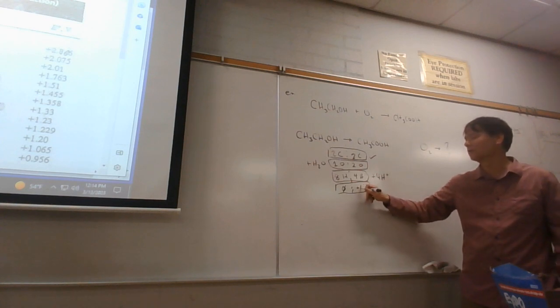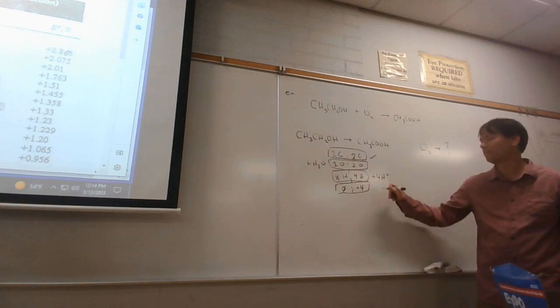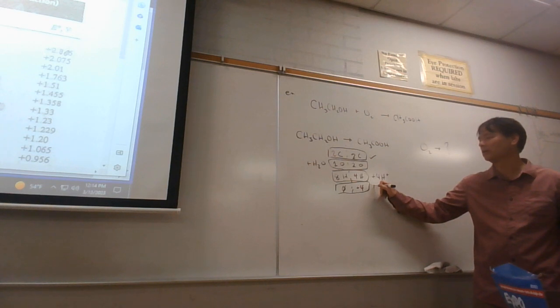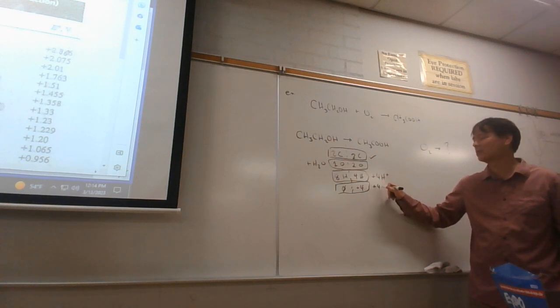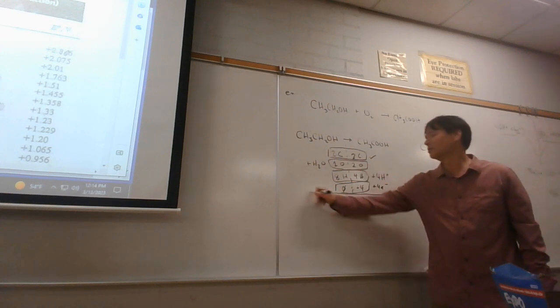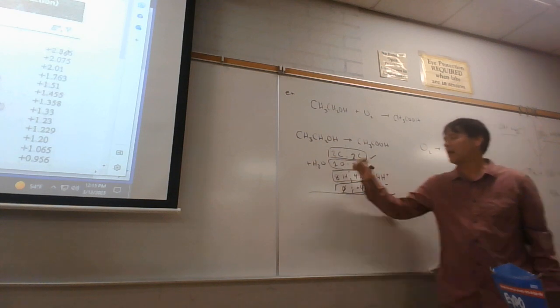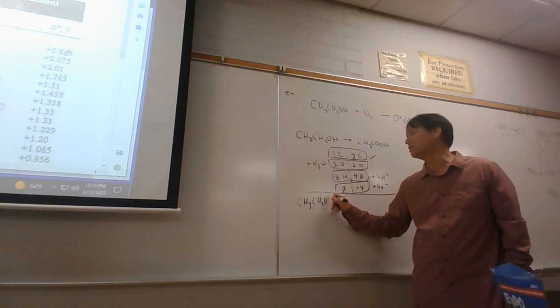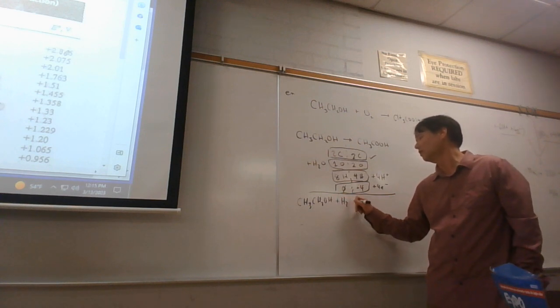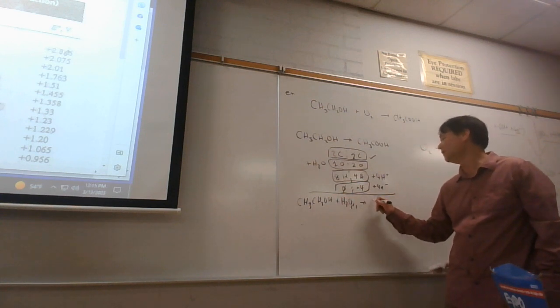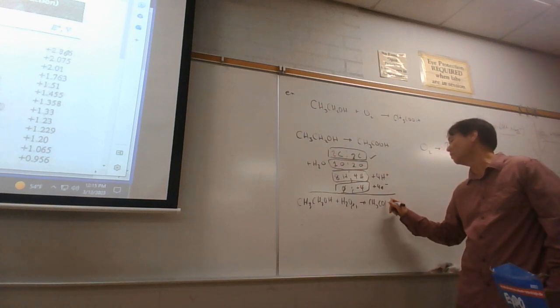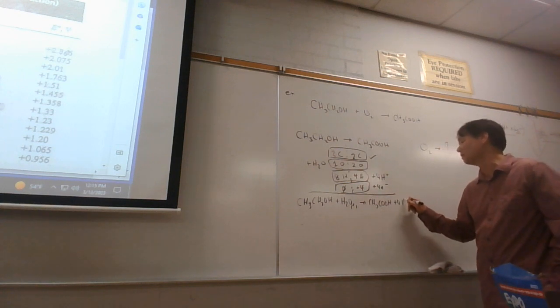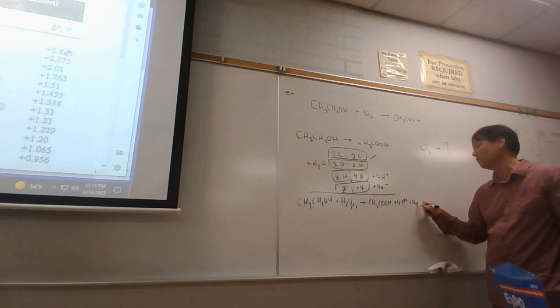So I need to add 4 electrons, which gives me minus 4. And so the balanced half reaction here is CH3CH2OH plus H2O liquid gives CH3COOH plus 4H plus plus 4 electrons.